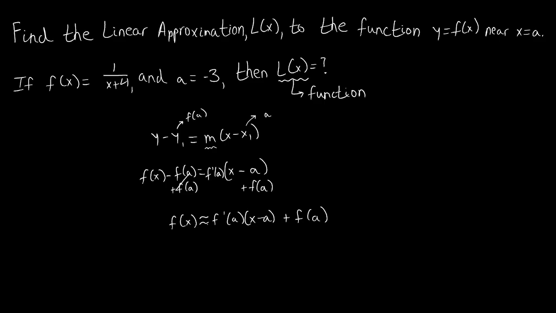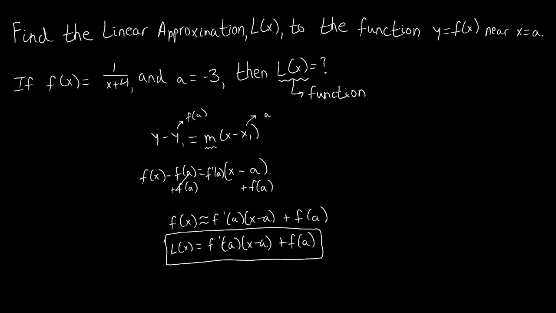So f of x values is approximately equal to this that we have here, and this is actually where our linear approximation formula comes from. It's this whole thing right here. So our linear approximation formula follows a very similar pattern to something we've already seen before. I just kind of wanted to highlight where it comes from, how it's derived, and then how we use it.